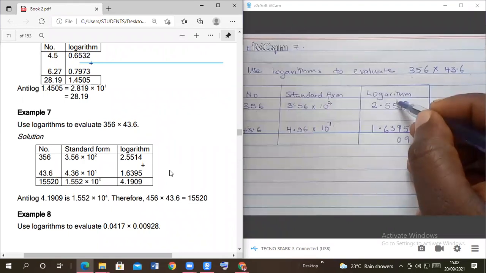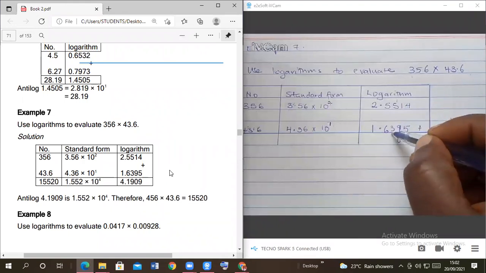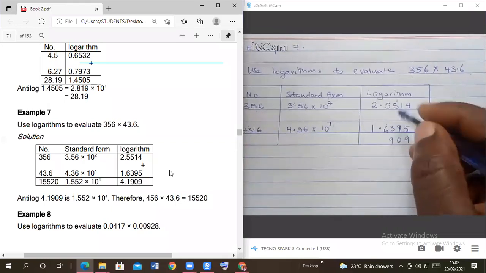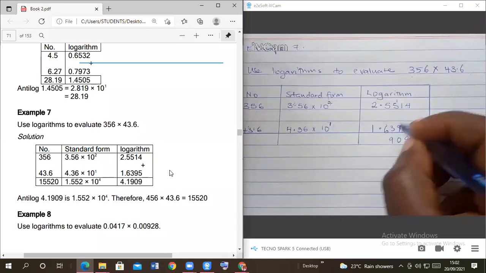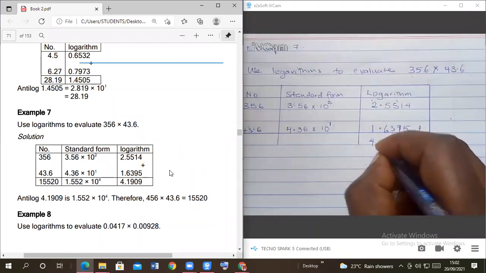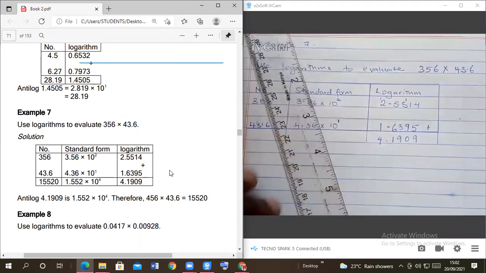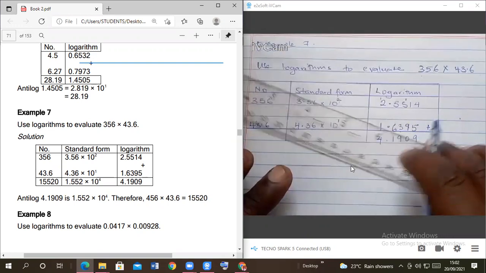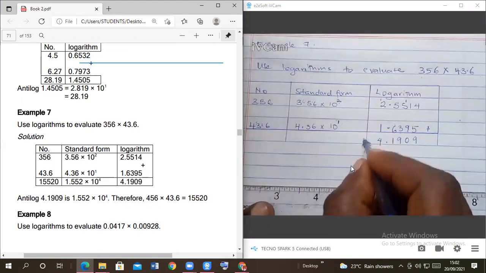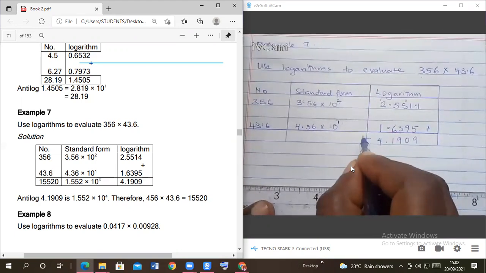You carry 1. This is 6, 7, 8, 9. 6 plus 5, what do you get? You get 11, then 1, and you get 4. So you have 4.1909, like that.